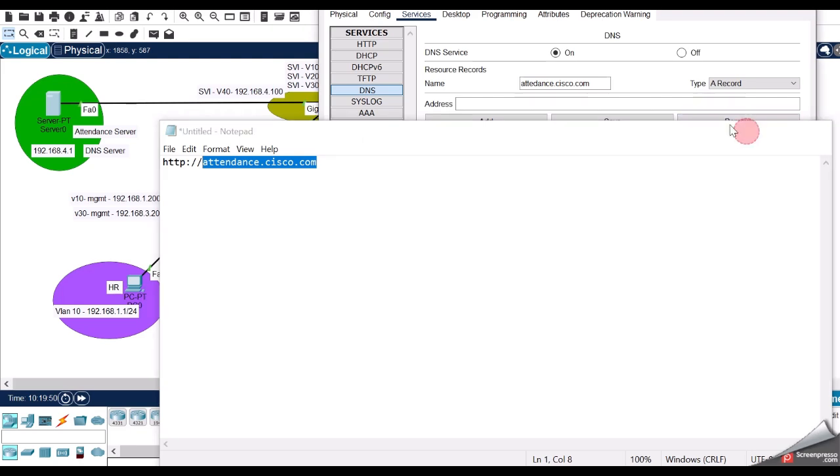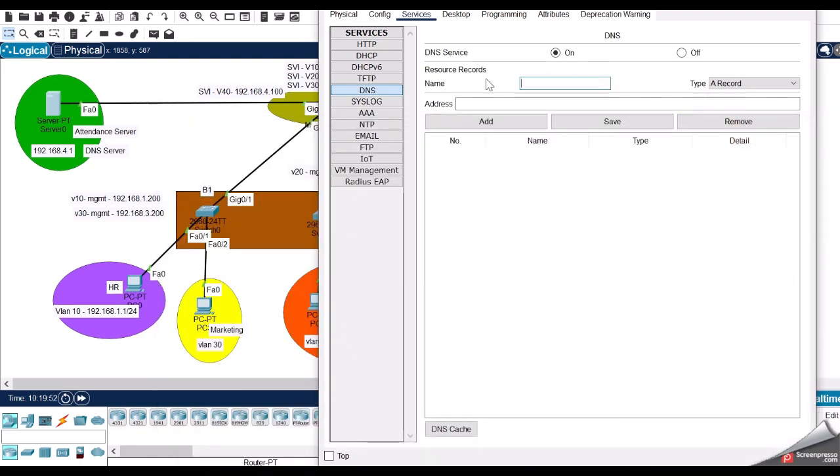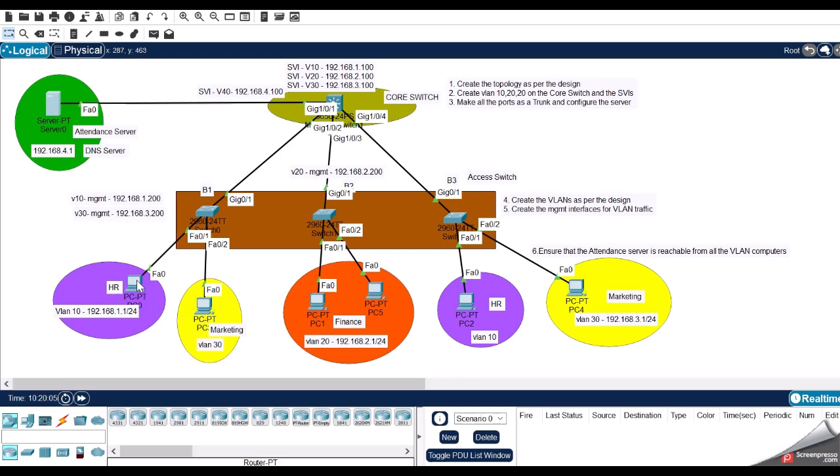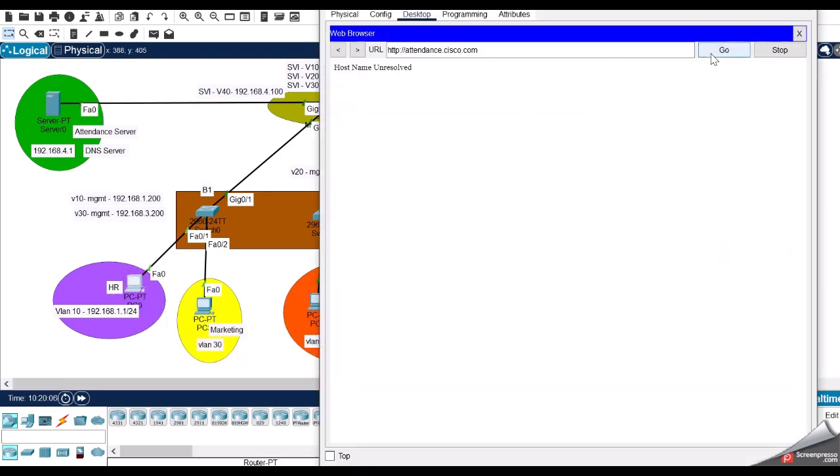If anybody asks for this URL, your IP address is going to be 192.168.4.1. I am creating the A record here; click on add, and ensure your DNS service is on.